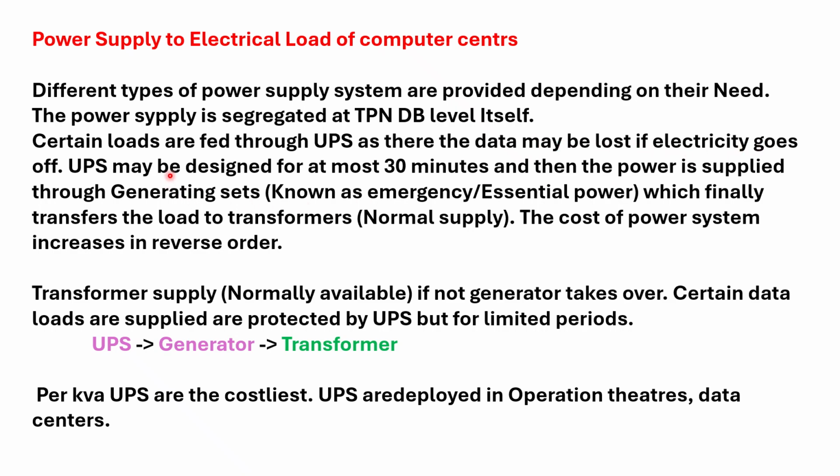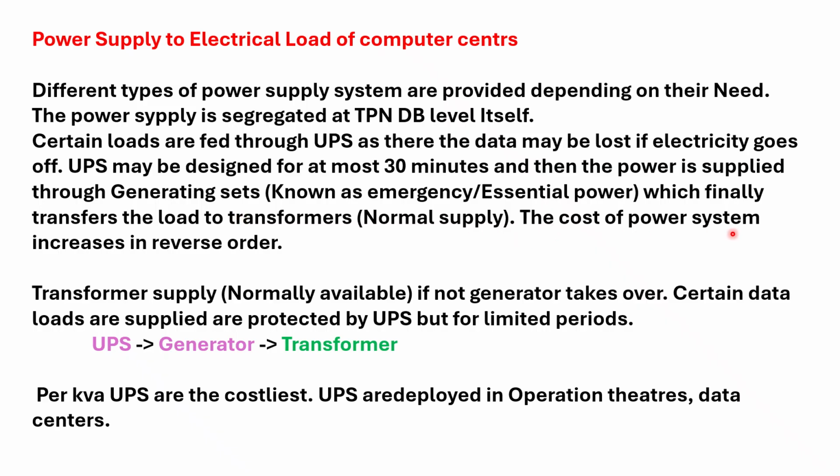UPS may be designed for at most 30 minutes and then the power is supplied through generating sets. That means generating sets take over the load of the UPS as well, which finally transfers the load whenever normal electric supply through the transformer is available.